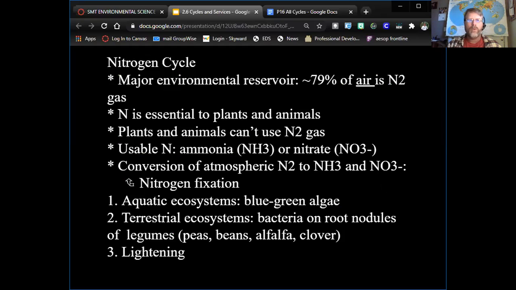The most common ways that we go through this nitrogen fixation process are blue-green algae, which is in the oceans, and in ponds and rivers and some other places, or, if it's in the soil on Earth, terrestrial soil, then we can see bacteria on the roots of certain plants. They're called nodules of legumes. It's just a fancy way of saying the roots of peas and beans and alfalfa and clover.